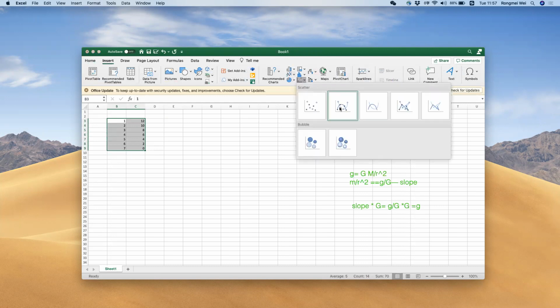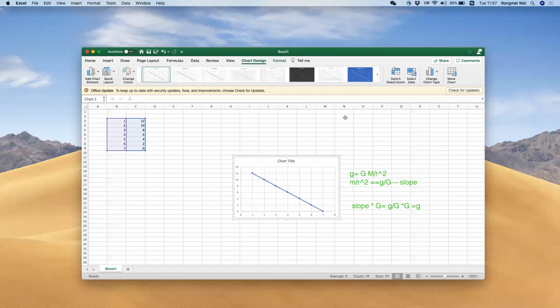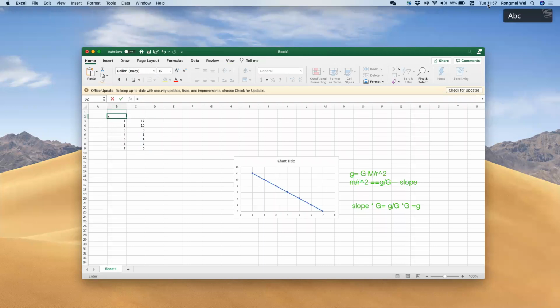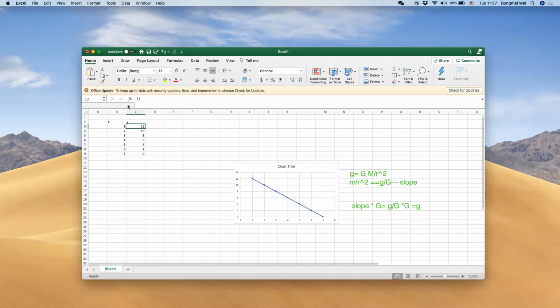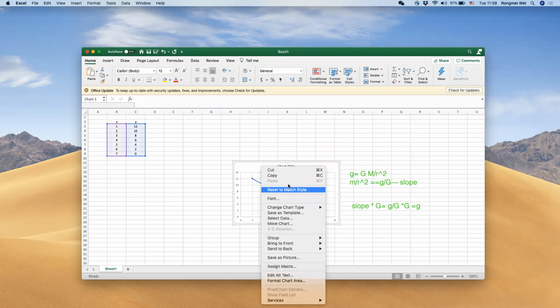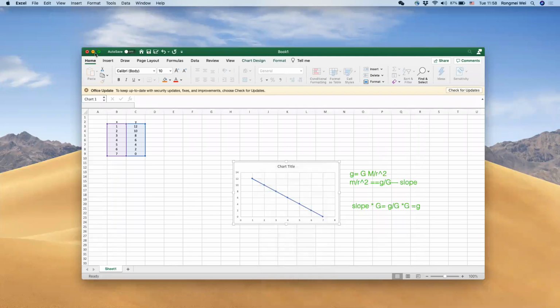What I prefer is this one. This one basically shows you the scatter with smooth line and the markers. You can see here. So this is X. This is Y. So basically, you can do this, and you take a screenshot, or you save as a template. Save as picture. You can save as picture and insert it in your Word. This is how you do the plot.